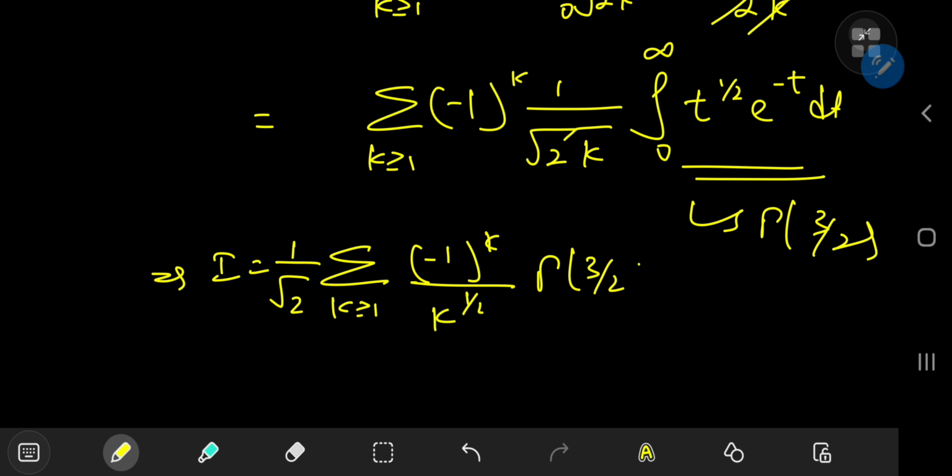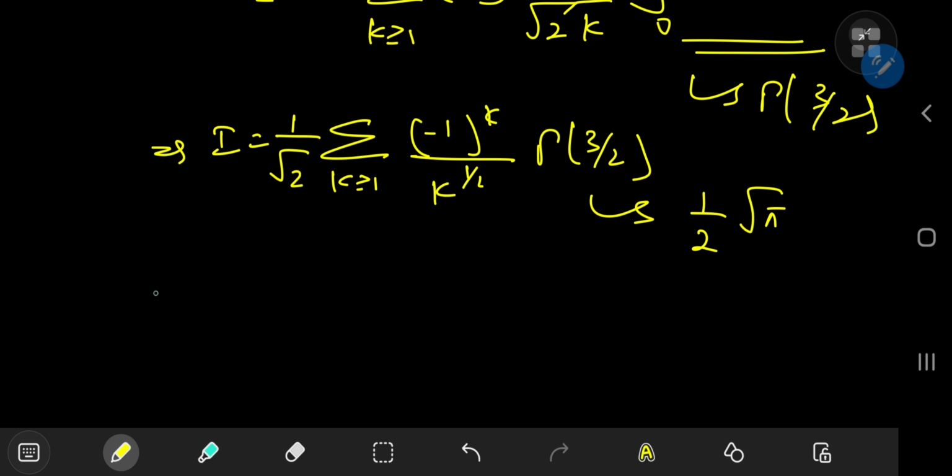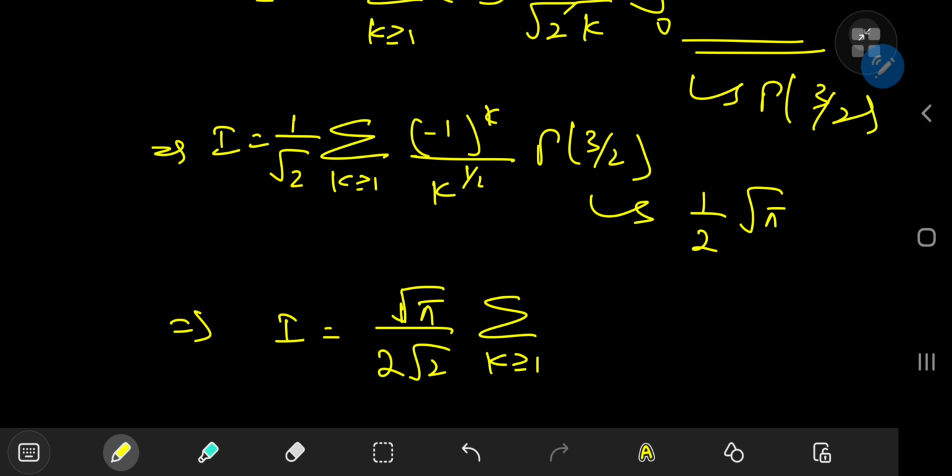So gamma 3 by 2 sorts out to be 1/2 of the square root of pi, correct? So finally, we can write I as 1 by 2 times square root 2 times the square root of pi times the sum over the positive integers k of negative 1 to the k divided by k to the 1/2.